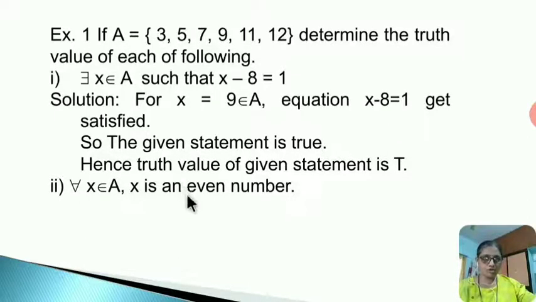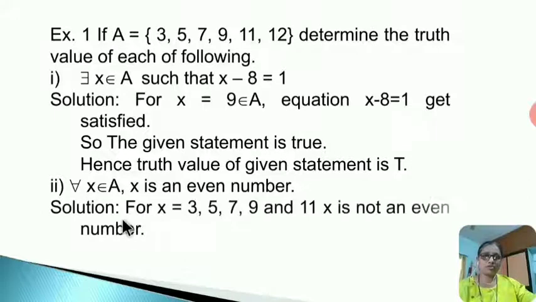Now here we observe which are the elements in A. From this set we observe that if the value of x is 3, 5, 7, 9 and 11, at that time these are not even numbers.